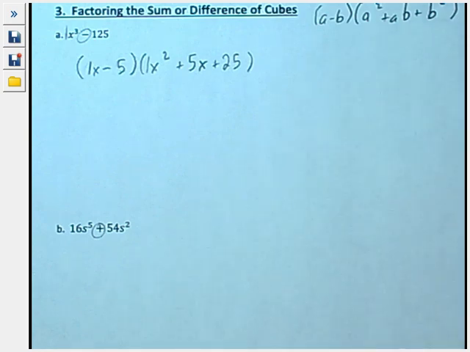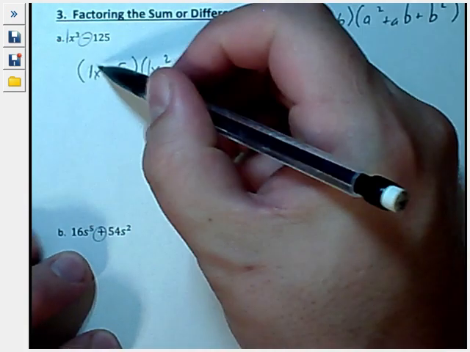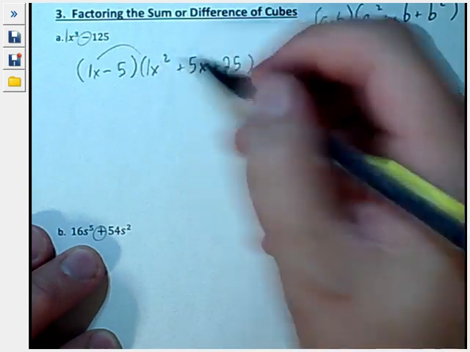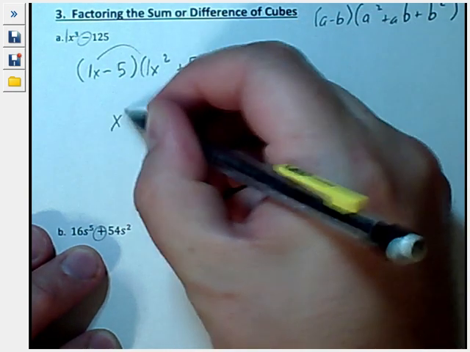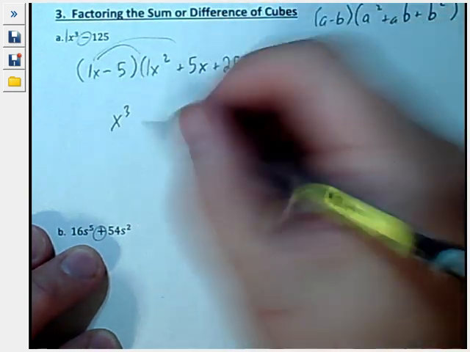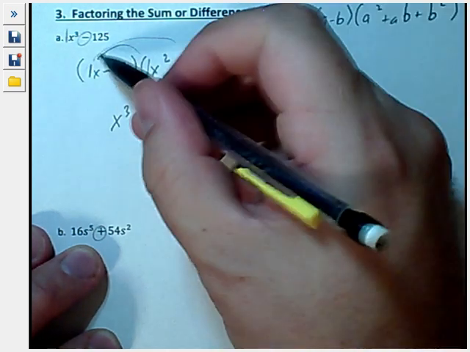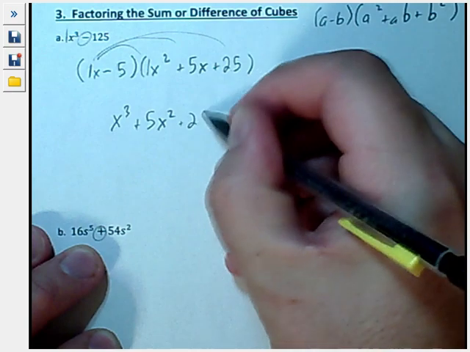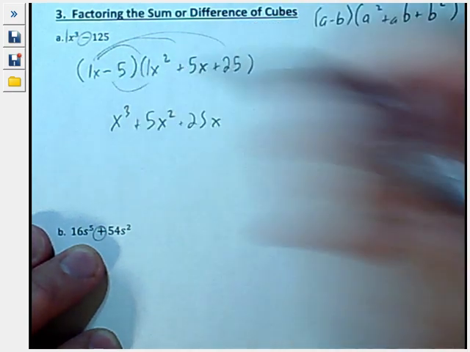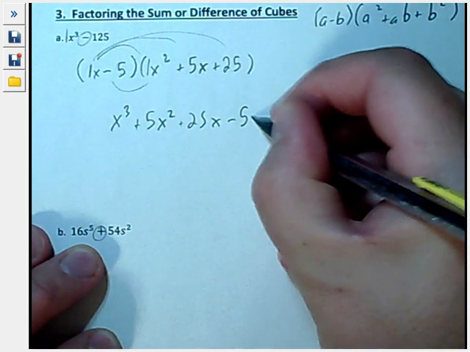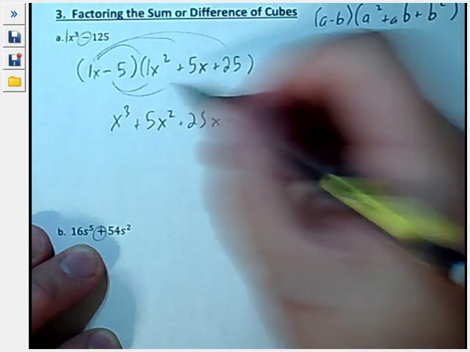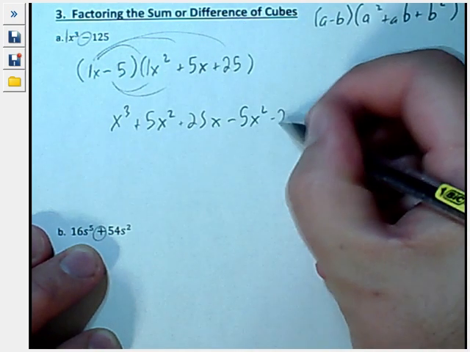We could check our work if we wanted to, by multiplying all these back out. I'm going to do it with you this time just to show you why this works. Right here, 1x times 1x squared is 1x to the third. 1x times 5x is 5x squared. 1x times 25 is 25x. Negative 5 times 1x squared is negative 5x squared. Negative 5 times positive 5x is negative 25x.